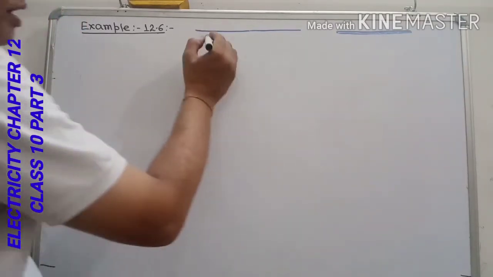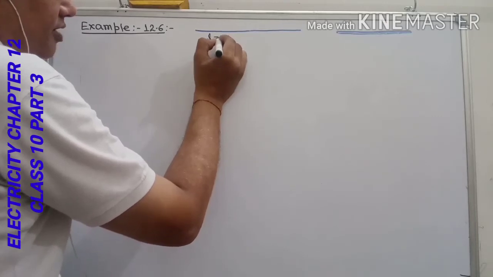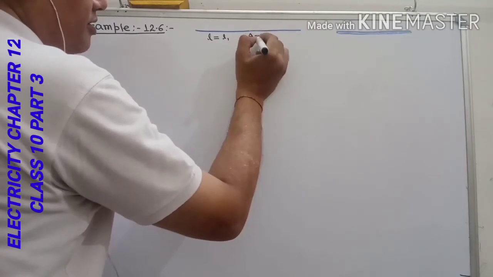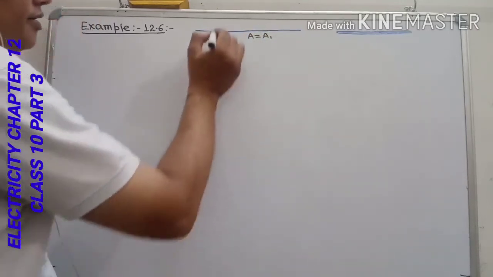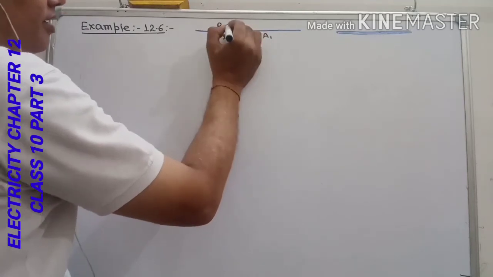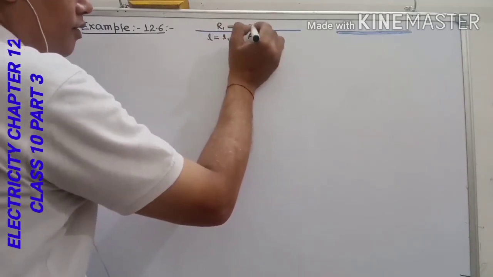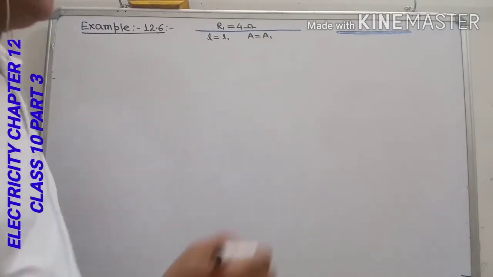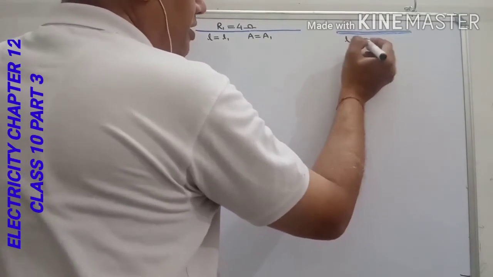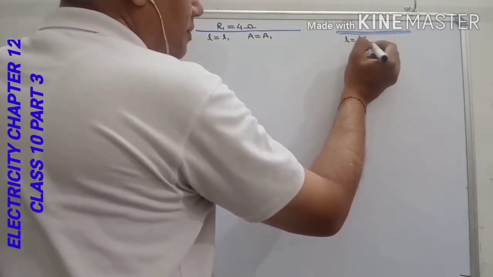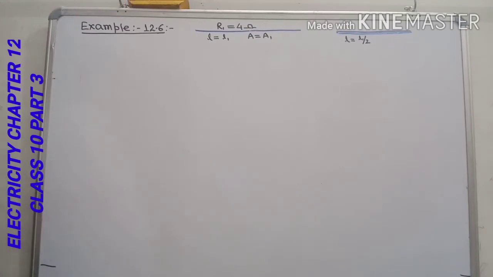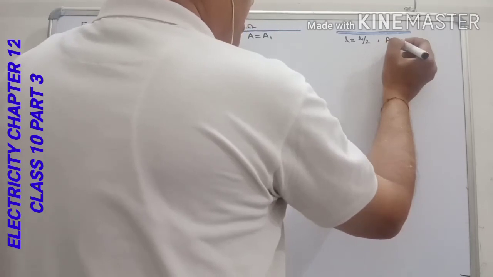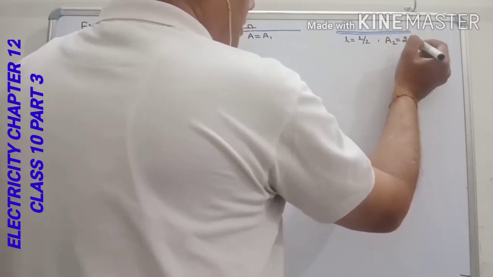Here the length of this conductor is suppose L1, and the cross sectional area is suppose A1, and the resistance R1 of the conductor is given to be 4 ohms, and the new wire has the length half of L1, that means L1 upon 2, and the cross sectional area A2 comes out to be twice of A1.